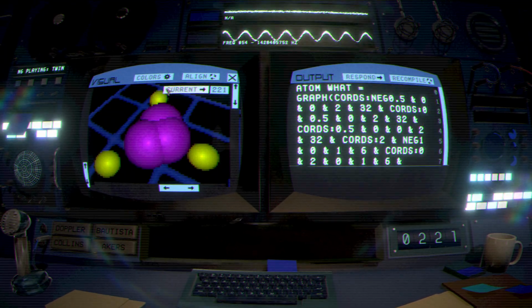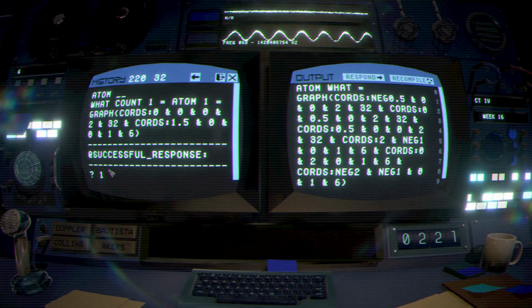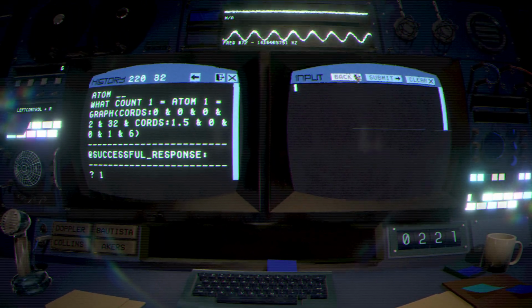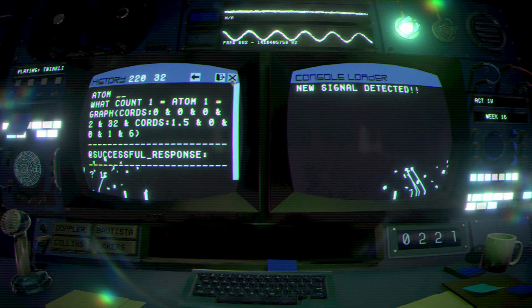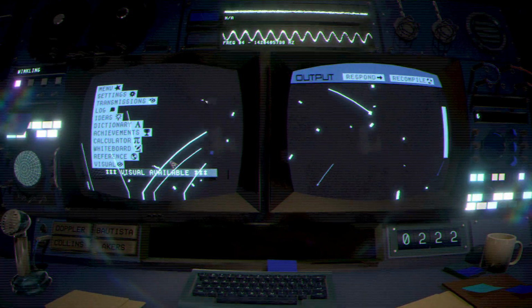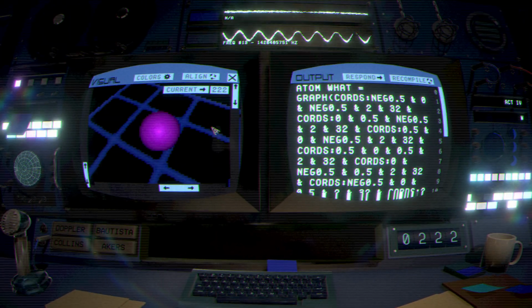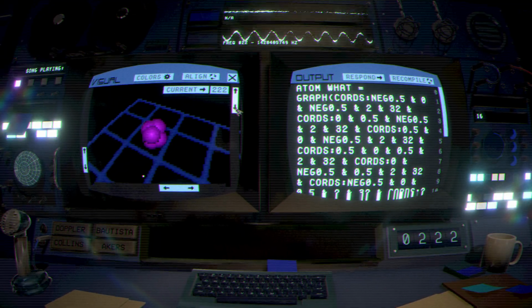Atom. Go back. Say 3. Okay, because it has 3 electrons, I think. 6.